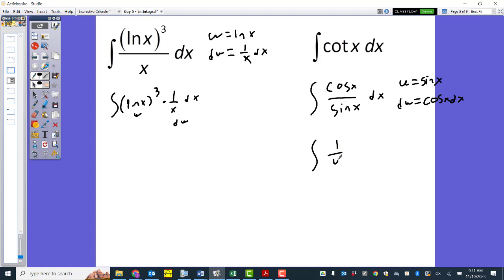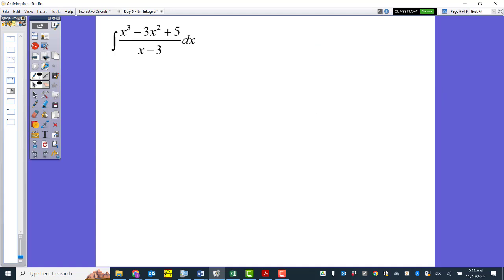We can say this is 1 over u du, which is natural log absolute value of u plus c, or natural log absolute value sine x plus c. So now we know what the integral of cotangent x is. It's going to be natural log absolute value of sine x plus c.